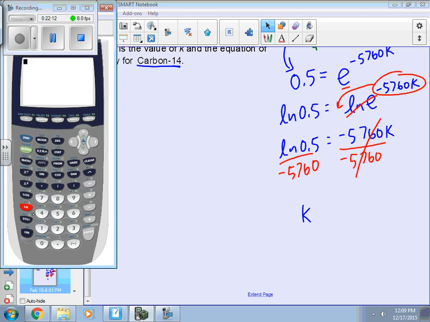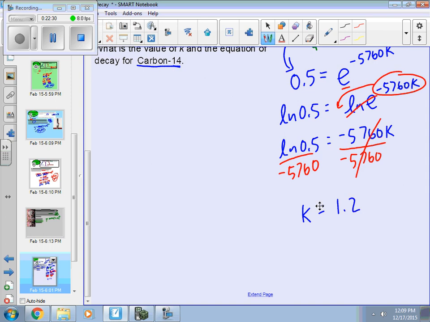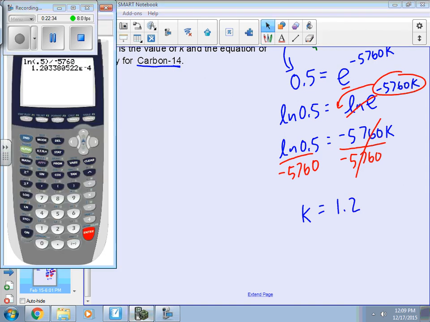So now use your calculator, type that in, and we can find the value. So natural log of 0.5, close the parentheses up, divided by negative 5,760. And it looks like the k value for this is listed on a calculator there. Now be careful, it's really easy to write the answer as 1.2. Because if you look at that number on there, you see right at the beginning 1.20, so yeah, it's pretty close to 1.2.